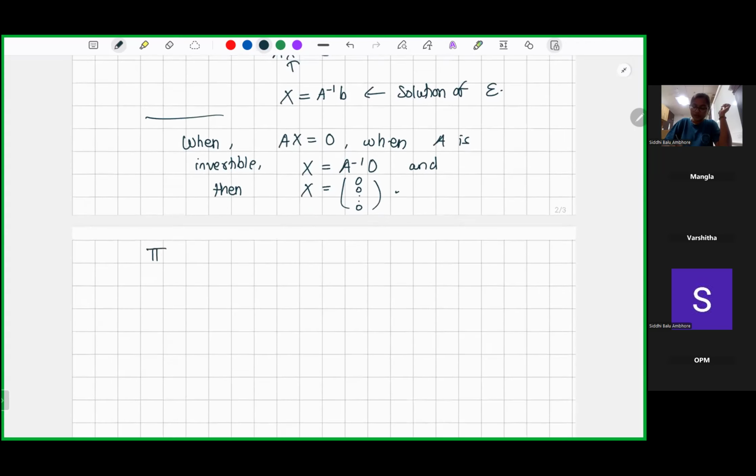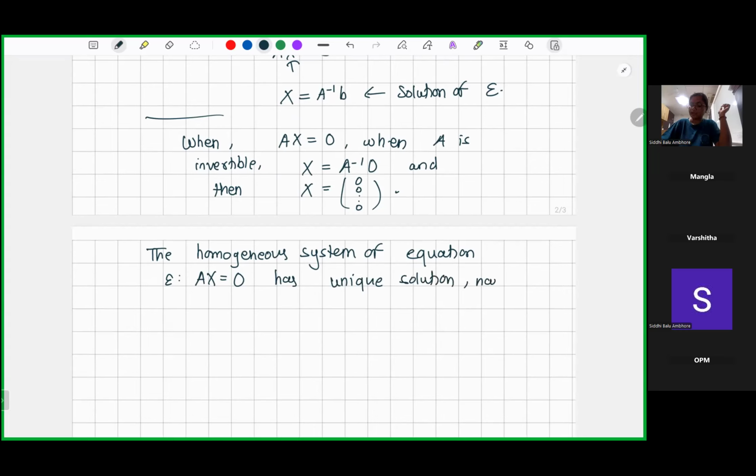So the homogeneous system of equations epsilon, Ax is equal to 0, has a unique solution, namely the 0 vector in Kn, if A is an invertible matrix.